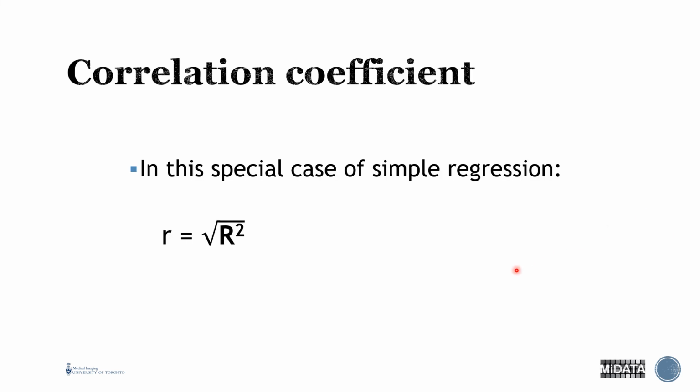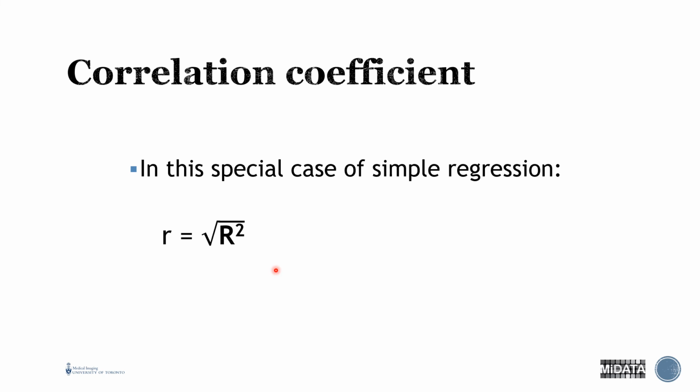The correlation coefficient, now here's a little tricky one. In the special case of simple regression, R, your coefficient of correlation, is going to be equal to the square root of your coefficient of determination, R square. But remember, this is only valid when you have simple regression, which means one single predictor to a single outcome.